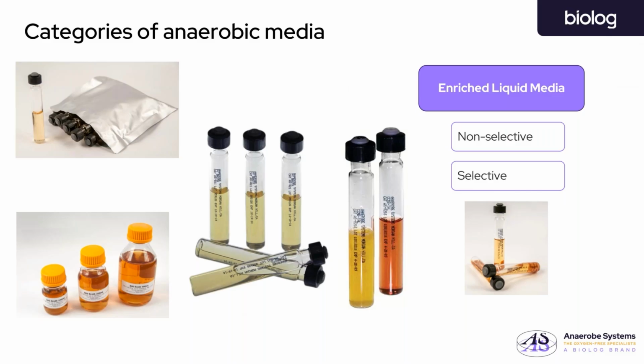We have enrichment media. We have selective media, like lactobacillus broth. And we also have some very highly enriched versions of this, like our YCFA, yeast casitone fatty acid, MTGE, oral treponeme enrichment broth.